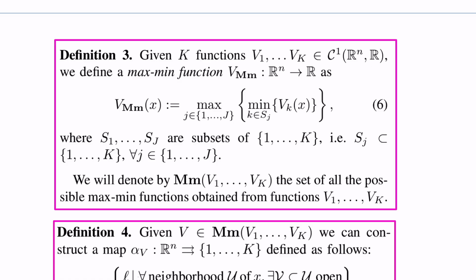What does that mean? It is a set of functions from Rn to R, and C1. It means that you need to take the derivative this many times, here 1, and since we have C, that indicates the function being continuous.